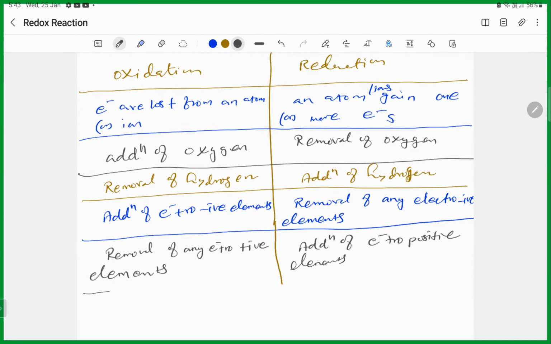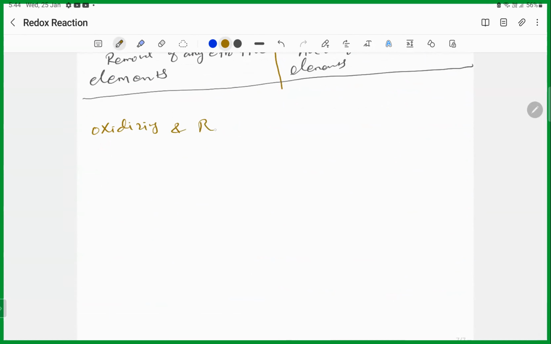Okay, by this way we can classify oxidation and reduction. So we know what oxidation is. Now we have to see what oxidizing and reducing agents are.